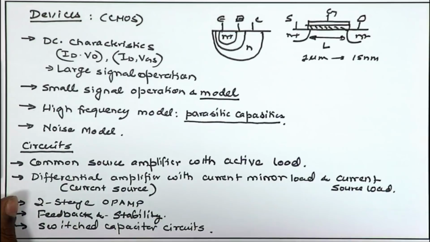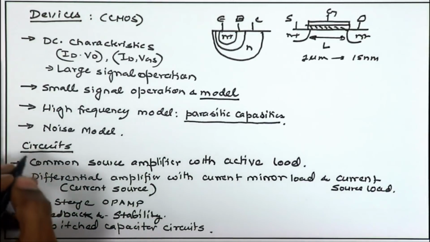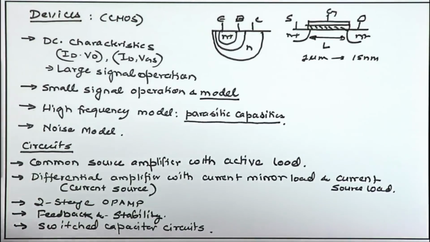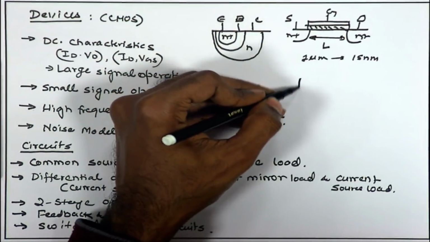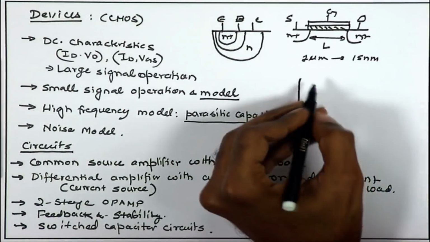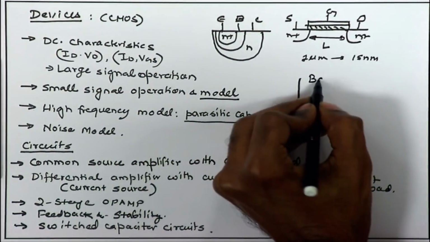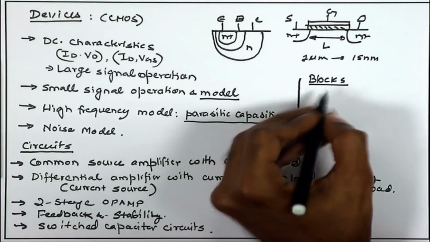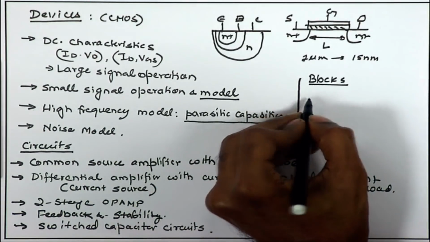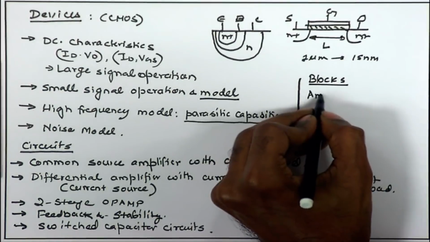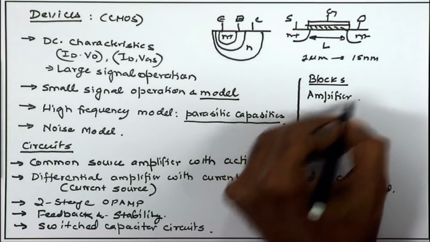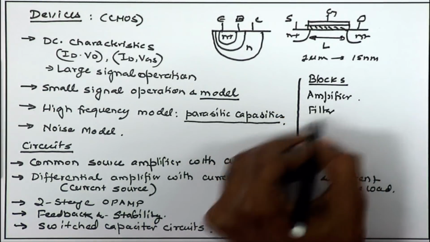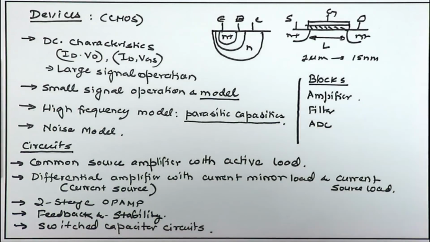So, once we are done with the basic circuit analysis, then we are ready to go towards the building blocks of our front end system, that is the low noise amplifier, front end amplifier, filter and the ADC.